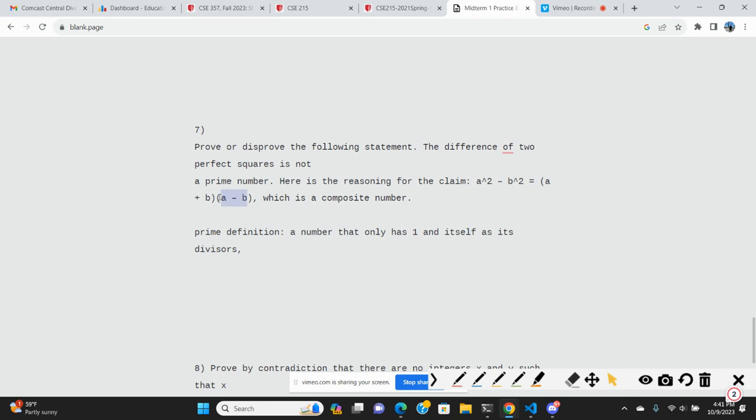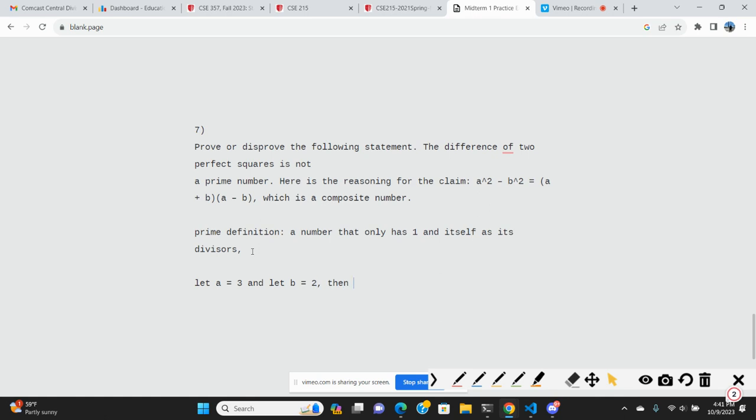And in this case, we say, what if a minus b is 1? So then we can consider, let a equal 3 and let b equal 2.